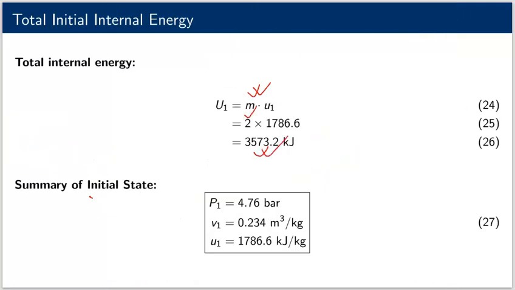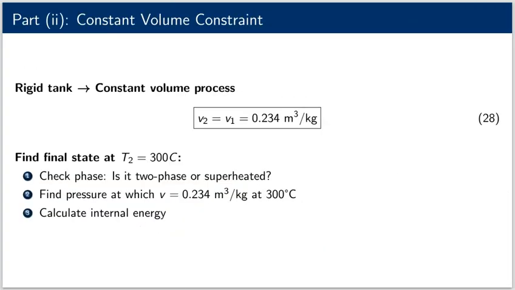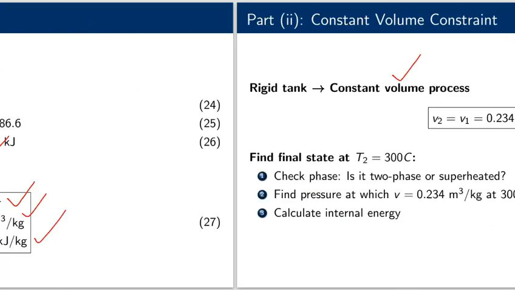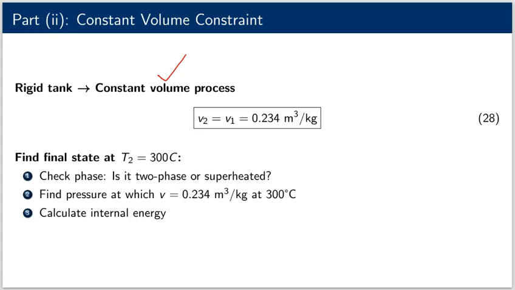So initial state, we have P1 4.76 bar, V1 is 0.234 meter cube per kg, and U1 is 1786.6 kilojoule per kg. Now as the tank is rigid, the volume is constant. So whatever volume we have calculated, that will be the volume. So V2 is equal to V1, that is 0.234 meter cube per kg.